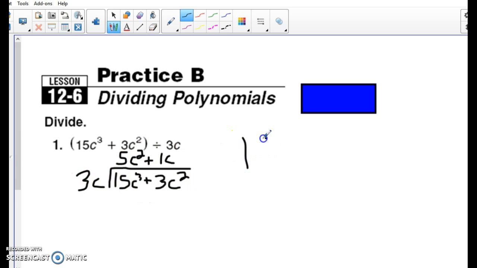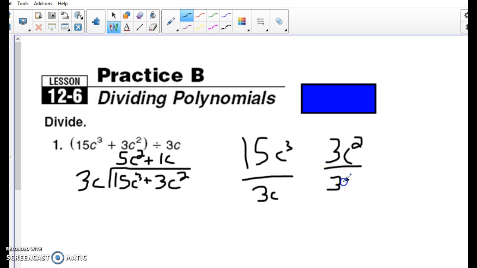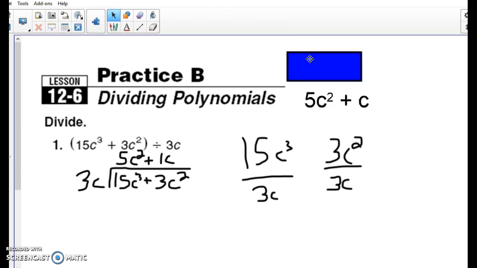Or if I think about it how I was saying earlier, which I probably should have written down instead of just saying it, because now we're probably all really confused: if I divide these two, 15 divided by 3 is 5, c cubed minus c is c squared. Same thing with the other side. So 3c squared over 3c. 3 divided by 3 is 1. C squared minus c is 1c. So that's one way to do it. No matter what, you'll get 5c squared plus c.